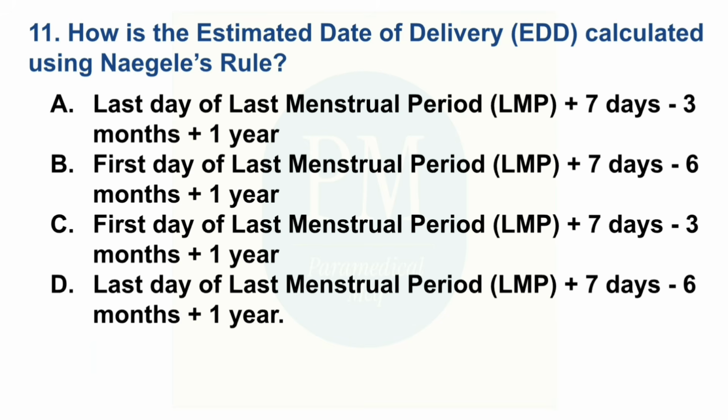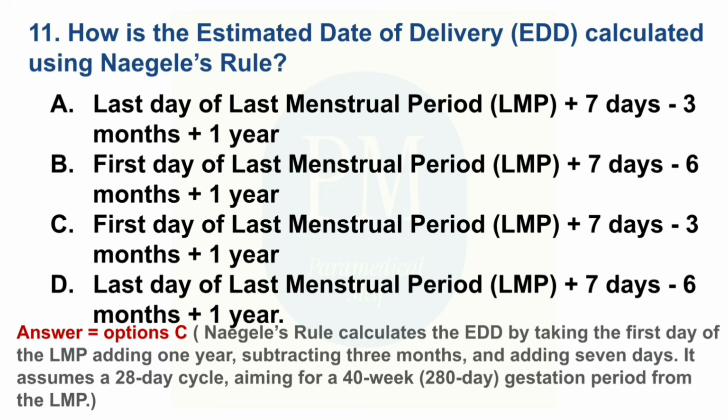Option C, first day of LMP plus 7 days, minus 3 months, plus 1 year. Option D, last day of LMP plus 7 days, minus 6 months, plus 1 year. The correct option is option C, first day of LMP plus 7 days, minus 3 months, plus 1 year.